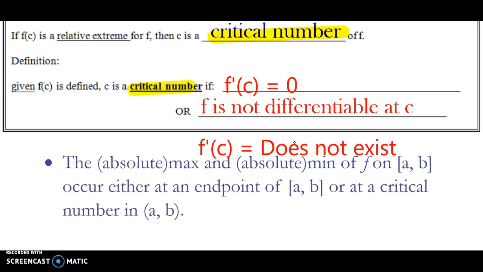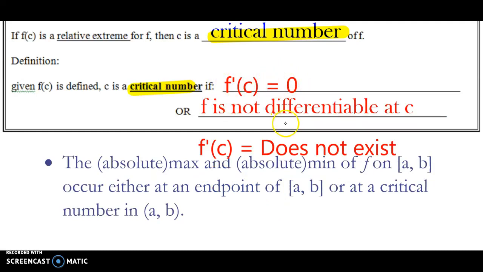Okay. Now, as it says here, the absolute max and absolute min of f on the closed interval [a, b] occur either at an endpoint of [a, b] or at a critical number in (a, b), right? So what it's trying to say here is that critical numbers are where relative extrema will occur, based off of our definition.